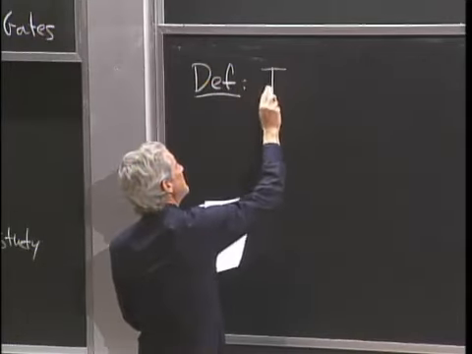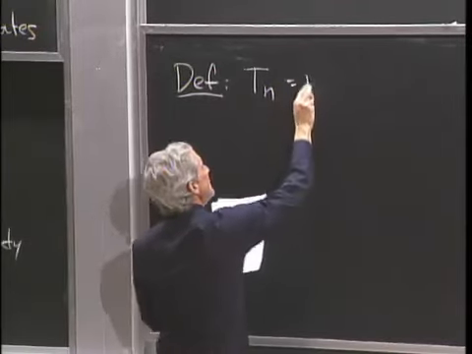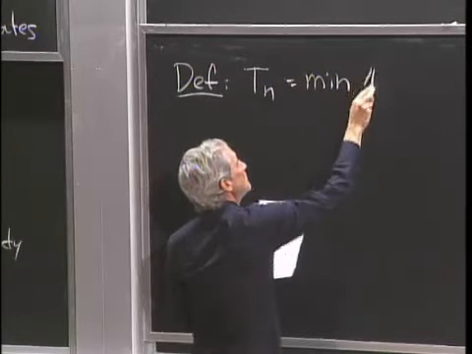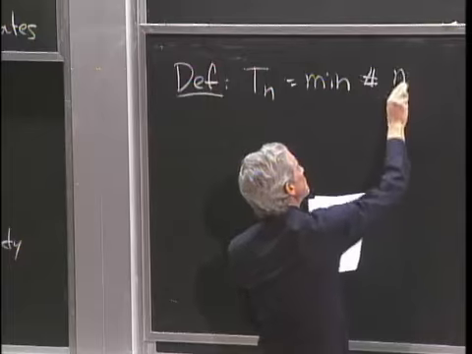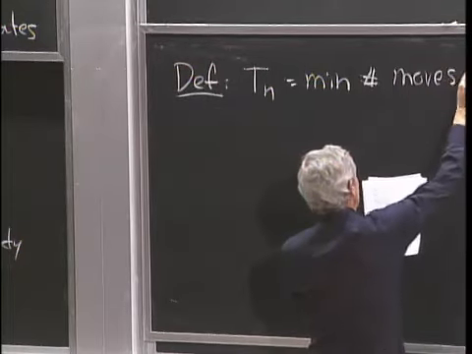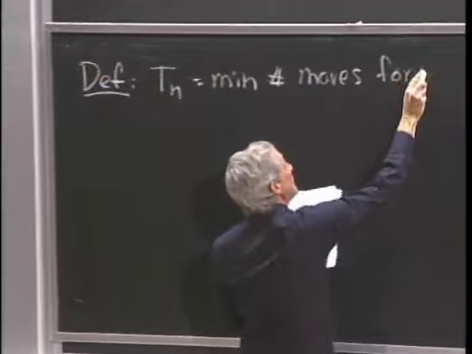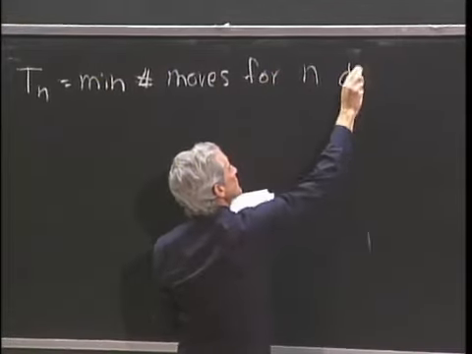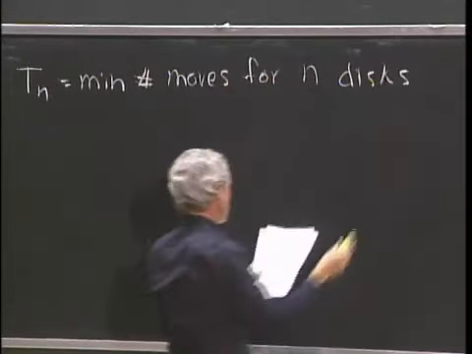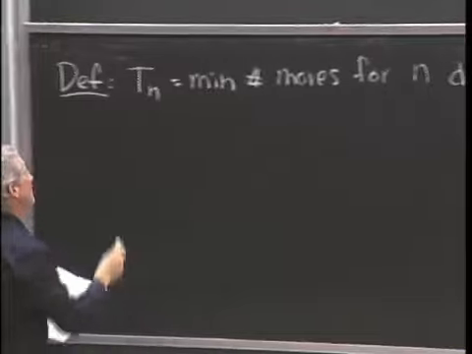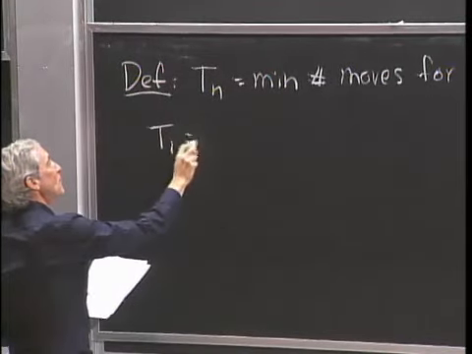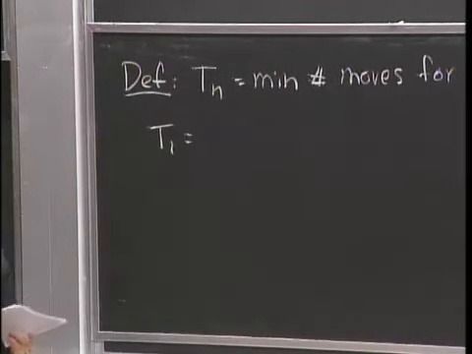So we're going to define T sub n to be the minimum number of moves for n disks. So to take a stack of n disks and move them to an adjacent peg. So for example, what's T1? 1.